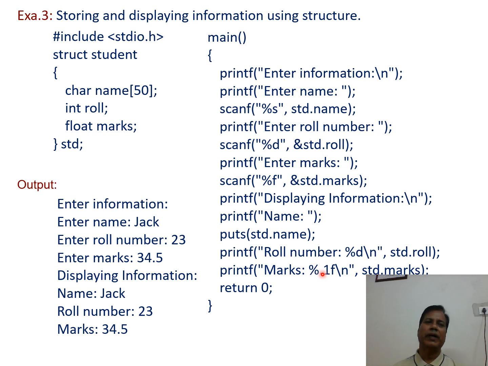So in this way, we discussed what a structure is, how a structure is defined, and then how a structure variable is declared, how a structure variable is assigned a value, and then its values are printed.